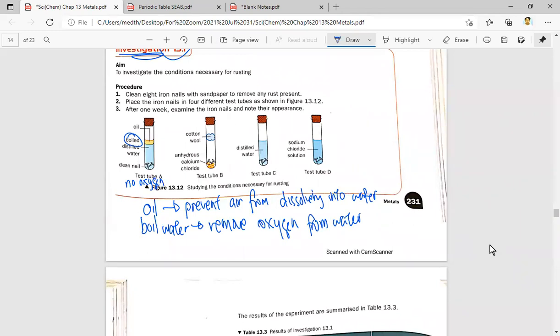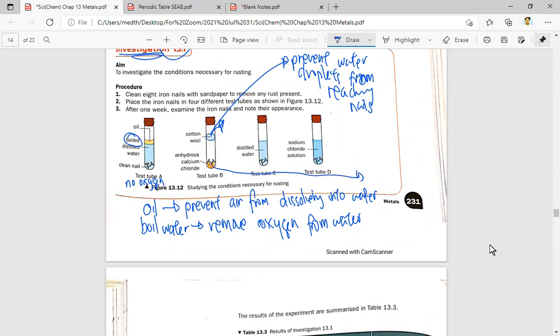Okay, look at test tube B. I got cotton wool. What's the purpose of the cotton wool? It is to prevent water droplets from reaching the nails. Next, I got this anhydrous calcium chloride. What exactly does this fella do?